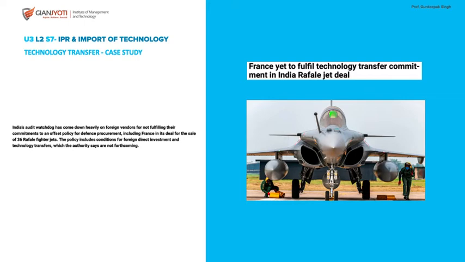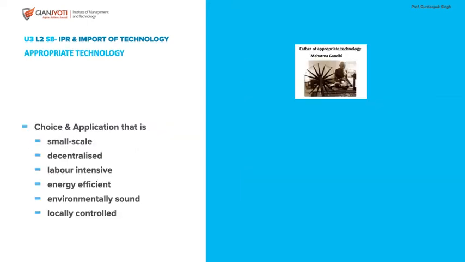India had asked that France should transfer the technology. So the audit department of our federal government has raised the issue that although the Rafale has come, there is no technology which has been given for these. So these are some of the issues which we are going to discuss.